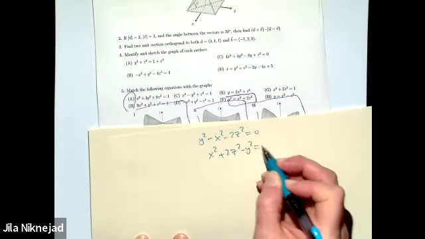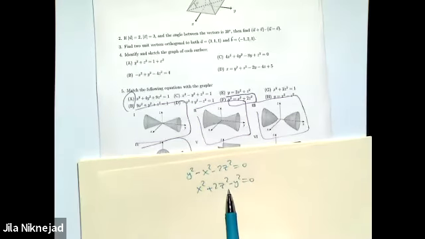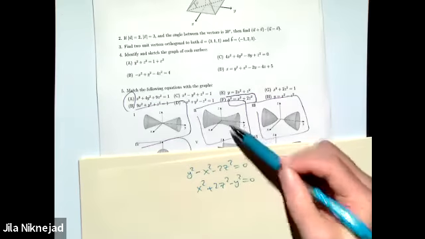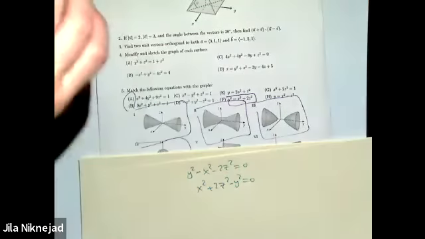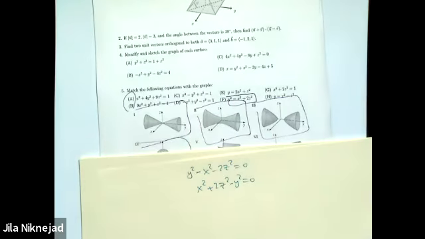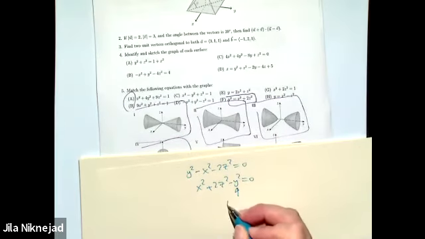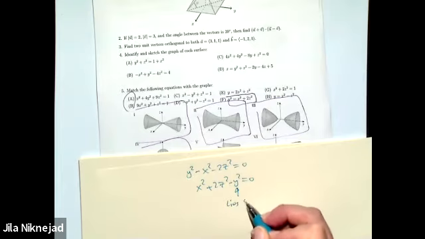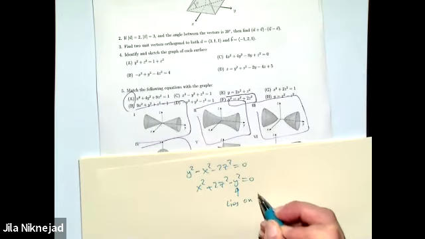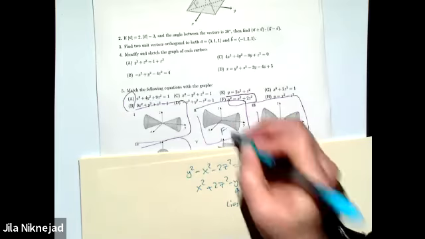Now, tell me, the variable that has the opposite sign to the other two is y. So my cone should expand toward the y-axis. Is that the correct one? Yes. So that's the answer. This tells me it lies on the y-axis. And so F is that answer.